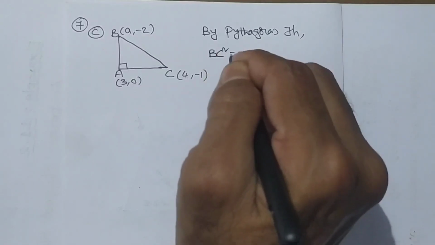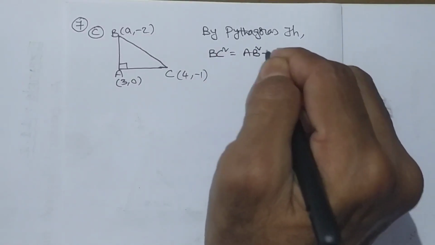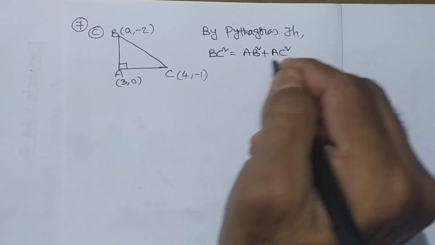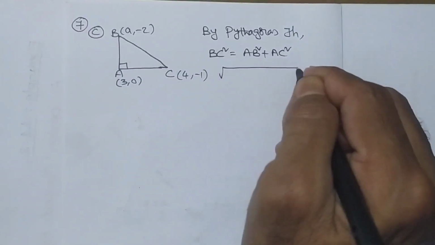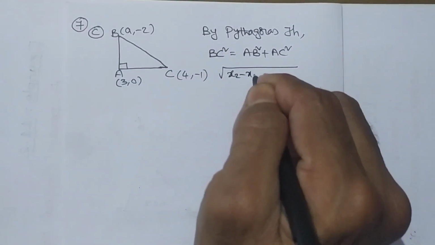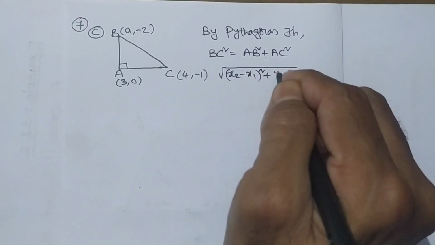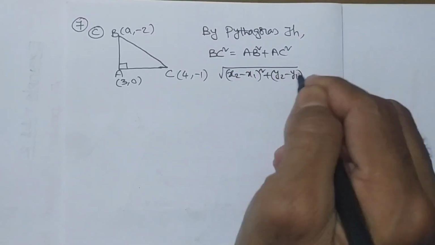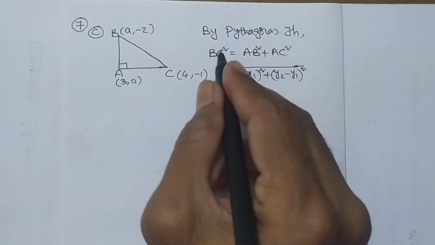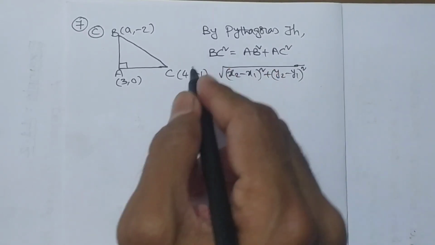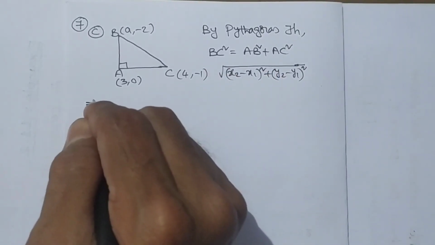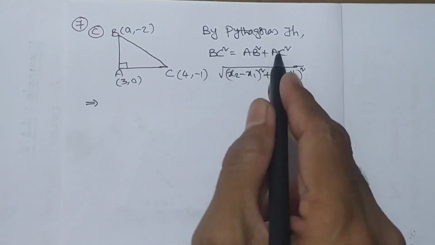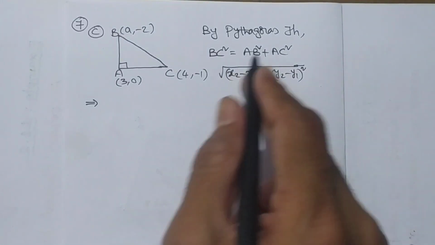Hypotenuse square is equal to side square plus side square. So here the distance between 2 points formula we should know. That is the square root of x2 minus x1 whole square plus y2 minus y1 whole square. As it is squared, the square and root get cancelled, so directly we can write it without the square root because the squarings are already done.